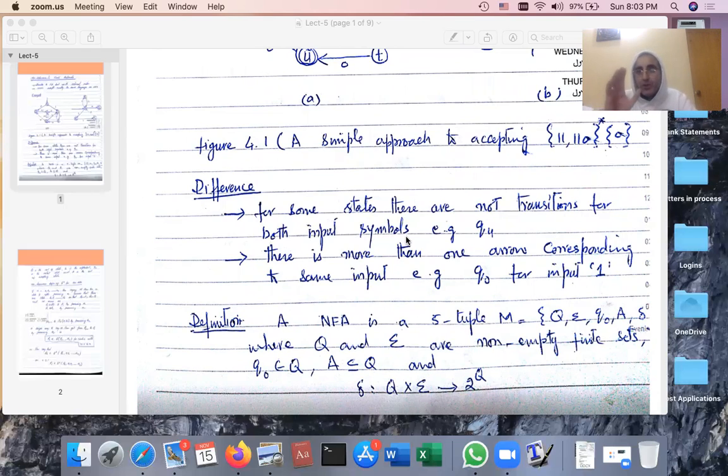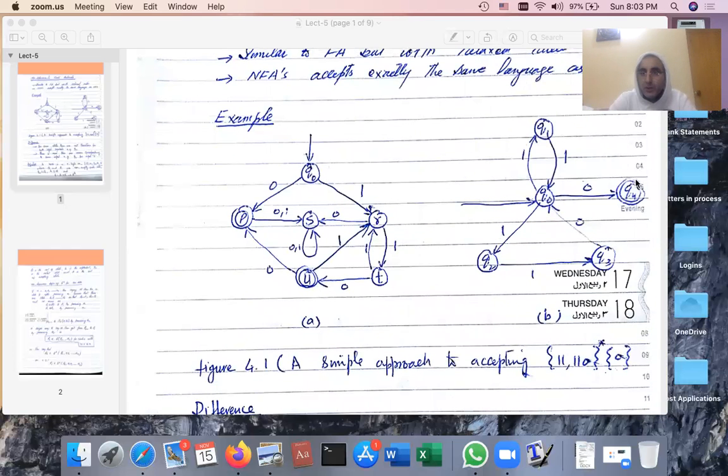It is also possible in the case of NFA that we don't have any edge going out from a state. For example, this is Q4 and you are seeing there is no outer degree here. So it is possible in NFA. There is a kind of freedom in NFA, so you can say it is much simpler than the design of an FA.